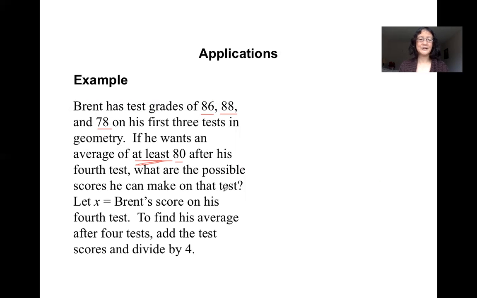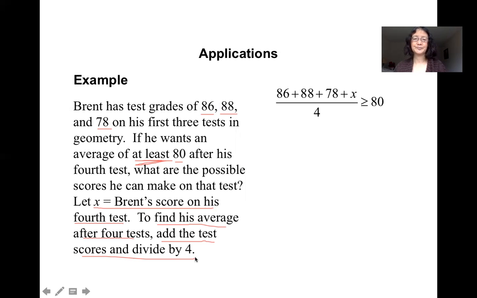Okay, that is the question. So let x represent Brad's score on his 4th test. We need to find the average after 4 tests: add the test scores and divide by 4. That is the formula for average.